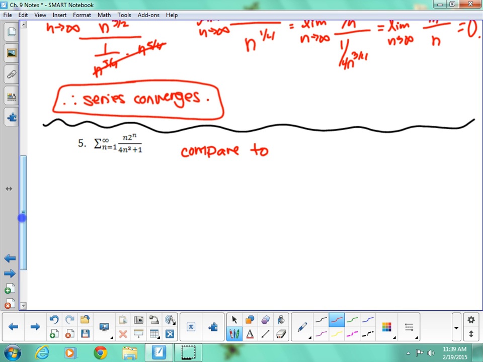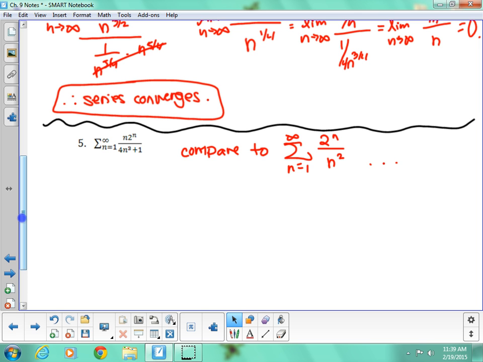So it's 2 to the n over 4 to the n. Actually, I would have done something else, but that's not the only one that necessarily works. So that's what I would have compared it to.